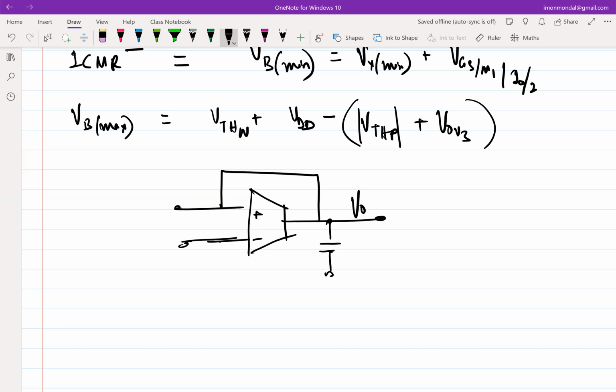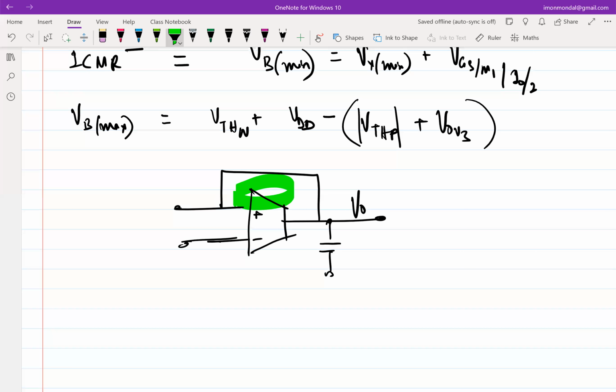How will you go about analyzing whether this is proper negative feedback or not? Somewhere in the loop you give an excitation and see whether the excitation comes back in the same direction or in the opposite direction, right? So let's do that here. The loop is now only this, pretty simple.